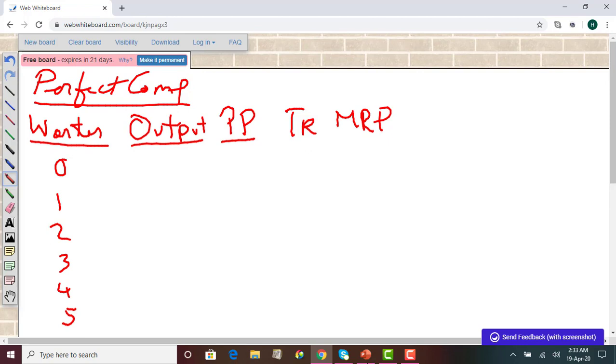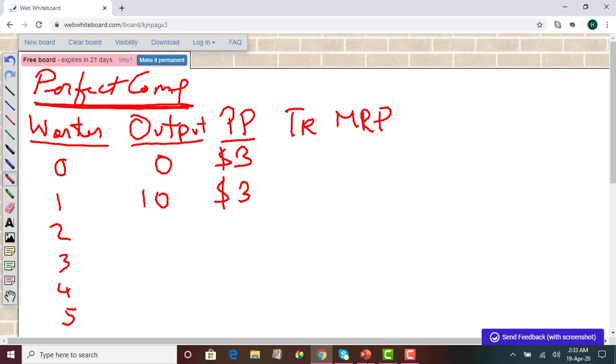Now when they hire 0 workers, nobody is working, therefore output will also be 0 and price will be $3. Let's say that's given. Now when I am employing 1 worker, my output is 10. My price still remains $3 because it's perfect competition. Remember, the market price will not change with your quantity in a perfect competition market.